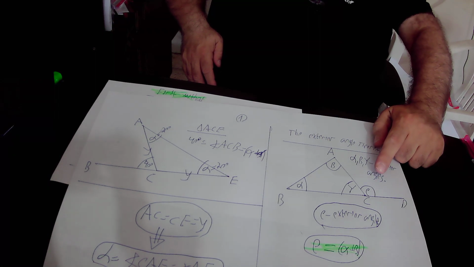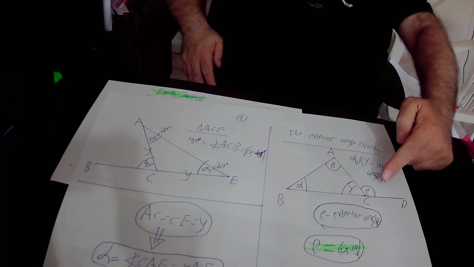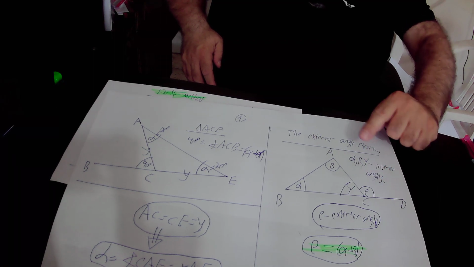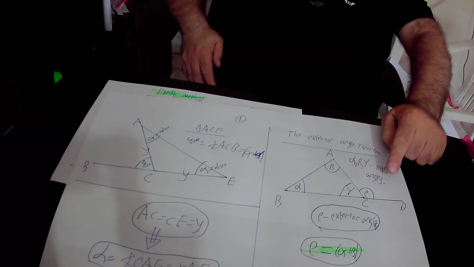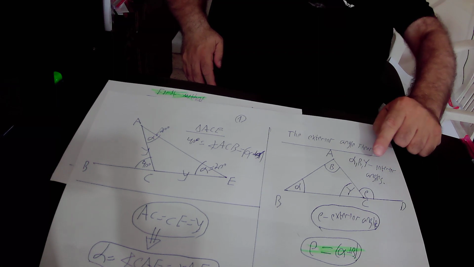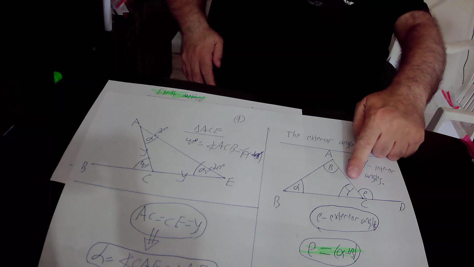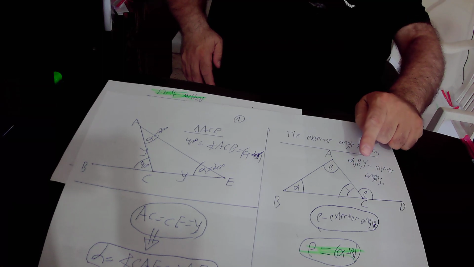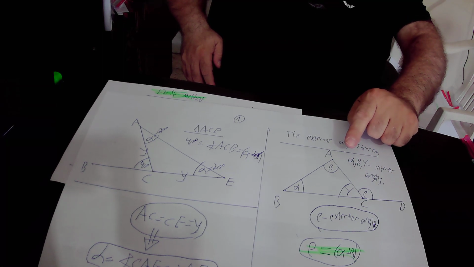So what is the size of the exterior angle, angle E? According to the exterior angle theorem, the size of the exterior angle, angle E, or angle ACD, will be equal to the sum of the two interior angles that are not adjacent to it. Here, angle gamma is adjacent to angle E, and the two other interior angles that are not adjacent to it are alpha and beta, and their sum is alpha plus beta.